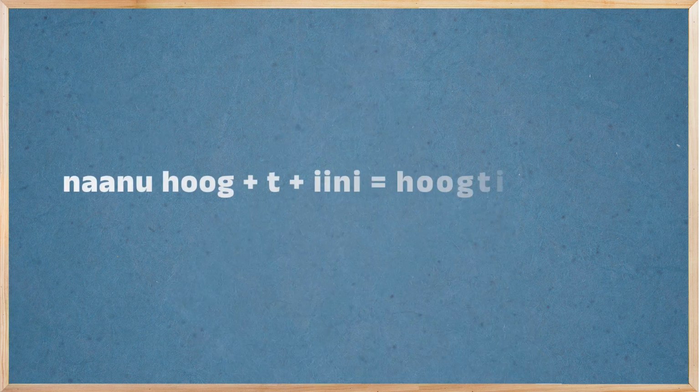The non-past tense is formed by combining the verb root with the non-past tense marker and a personal ending or termination. Here's the basic structure: verb root plus non-past tense marker plus personal ending. Let's break down a couple of examples using the verb hog, to go.